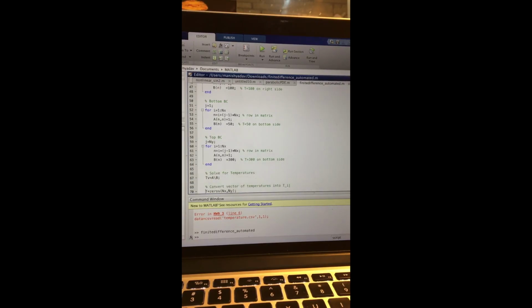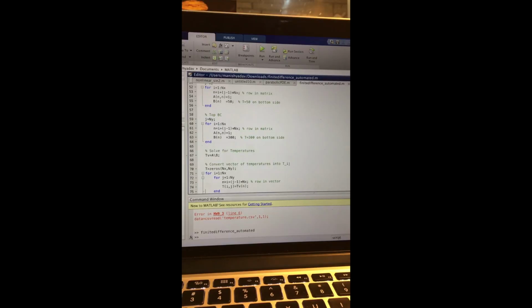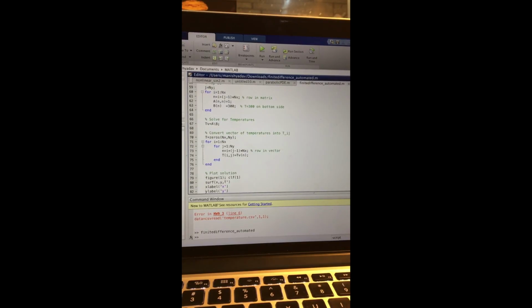So for solving this temperature, we just need to divide the matrices A and B. Sorry, then convert the vector of temperature into Tij. T is zeros, nx by ny. This is our temperature, and we are doing this example in terms of temperature.